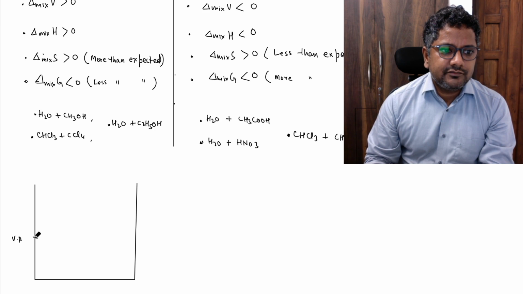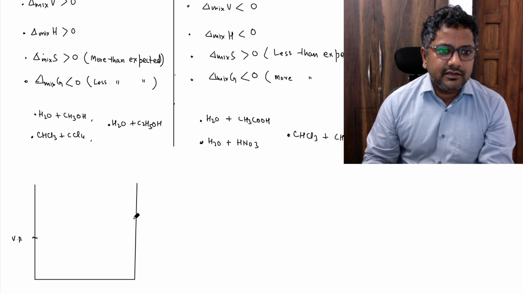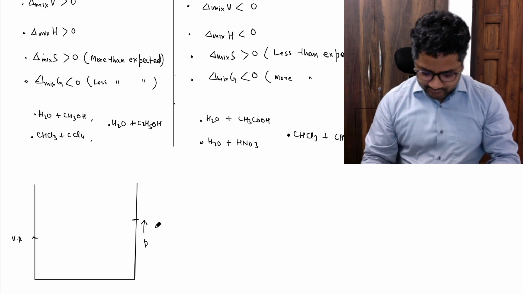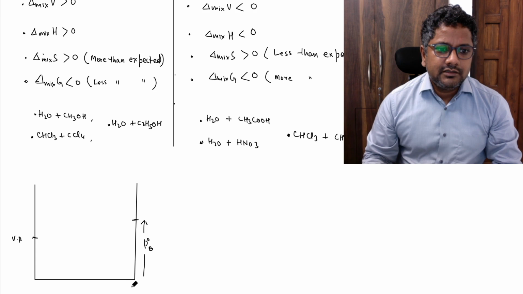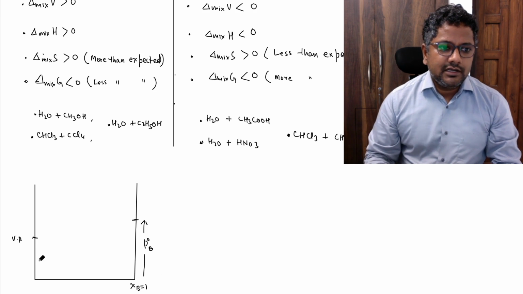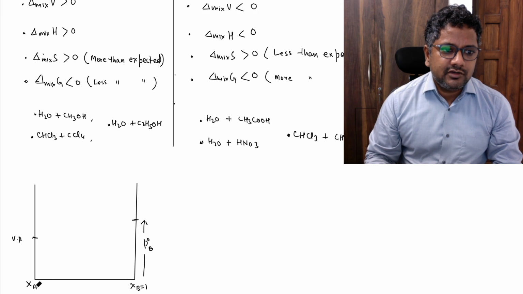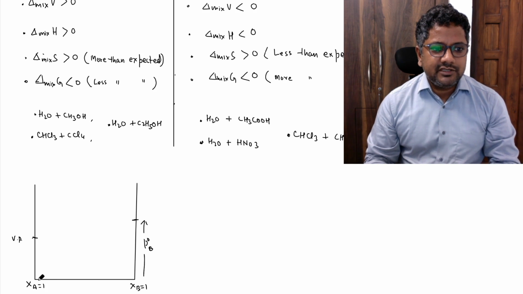This is vapor pressure of A, and this is vapor pressure of B. So from here to here, this is P naught B. This is xb is equal to 1, and here xa is equal to 1, and xb is equal to 0 here.